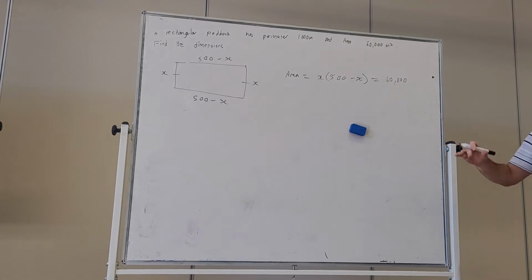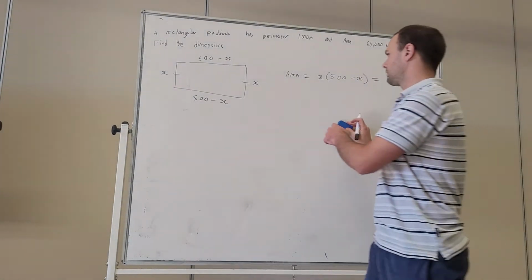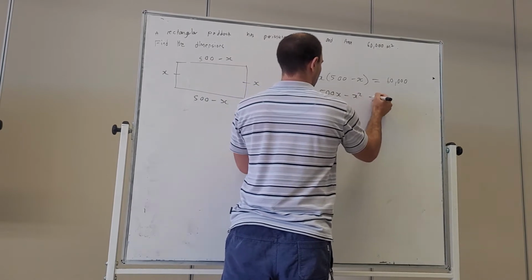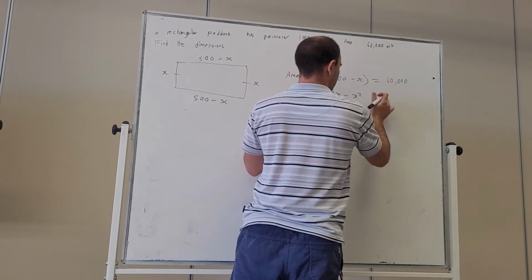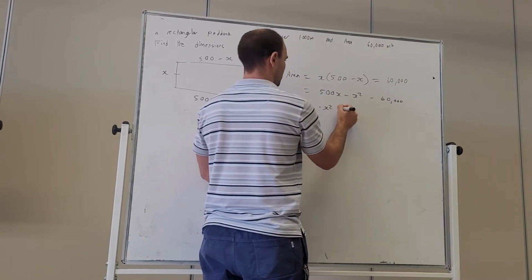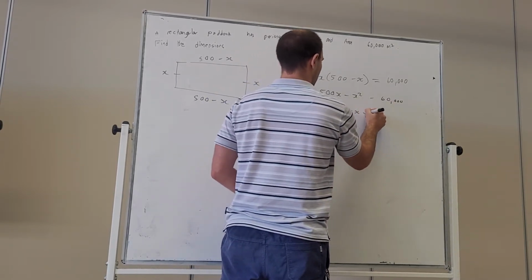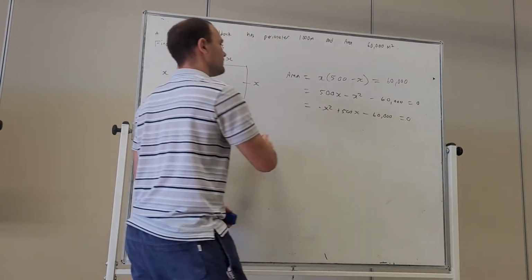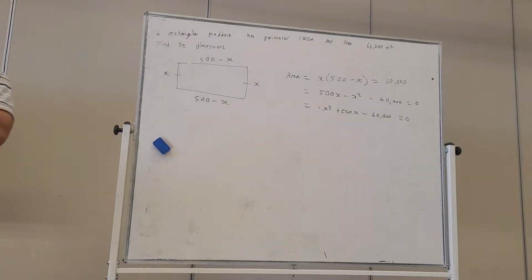All right, we're going to expand it, move everything to the left side, and we've got a quadratic. Take 60,000. That there. So we've come up with an expression for the area, an equation for the area.